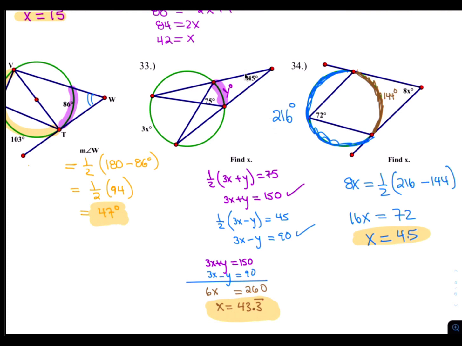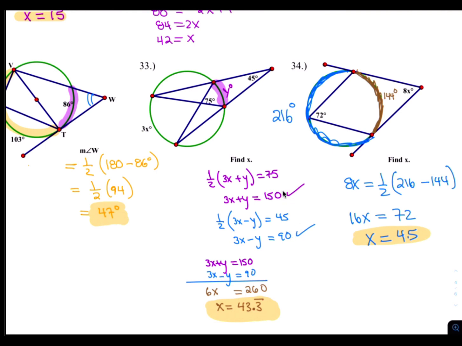That's going to be one of the equations that we're going to use. The second equation comes from the outside angle 45. We know that angle 45 is half the difference of the two intercepted arcs. So that means that 45 is half of 3x minus y. Multiply both sides by 2, and we get 3x minus y is 90. So we have these two equations where the check marks are.